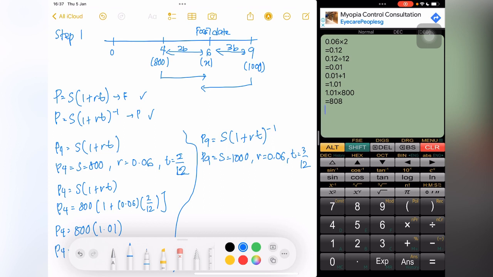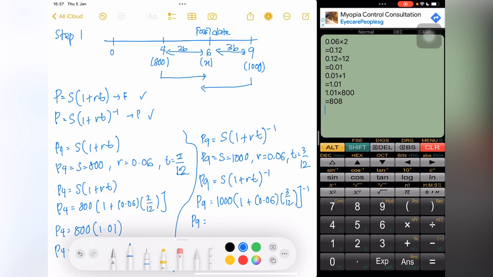Okey, lepas tu kita masukkan sahaja nombor dalam perkali. P9 sama dengan S(1 tambah RT), jangan lupa negatif 1. P9 sama dengan 1000 buka kurungan 1 tambah R kita 0.06 dan T kita adalah 3/12. Tapi jangan lupa kita ada kuasa negatif 1.